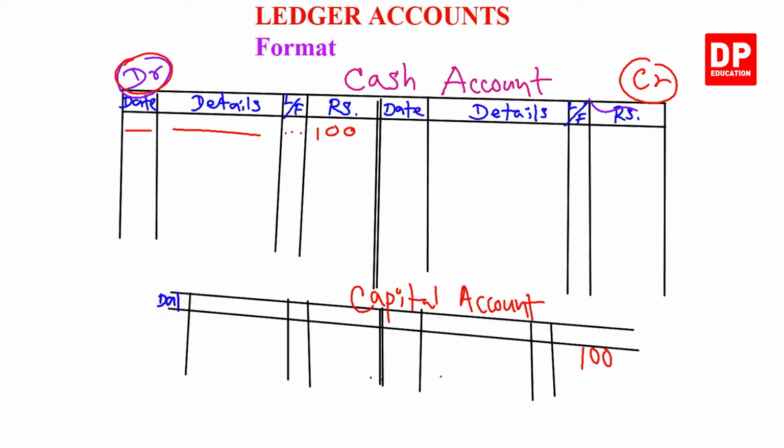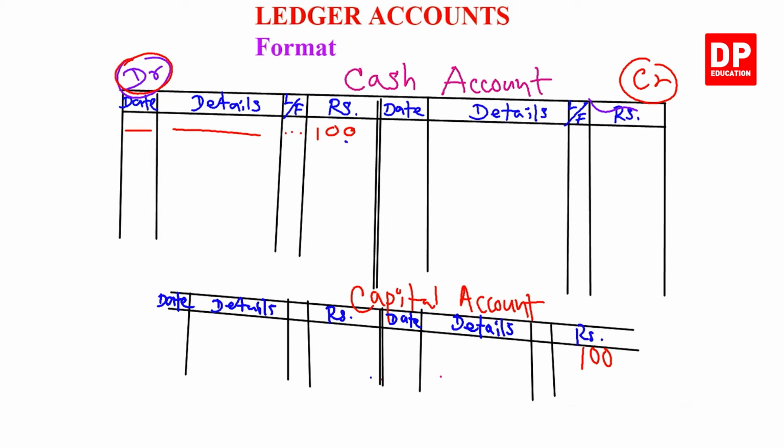Date, details, value. Again this side, credit side, date, details, value.